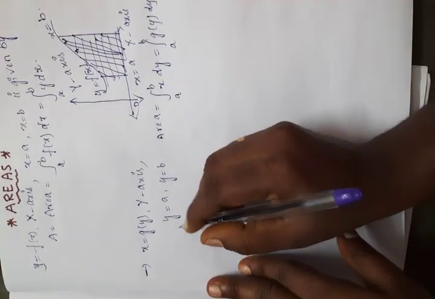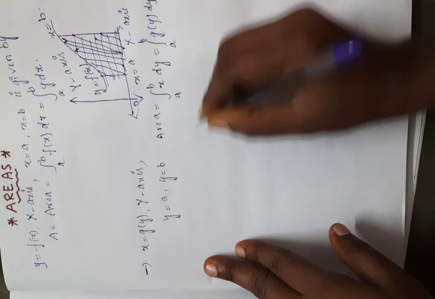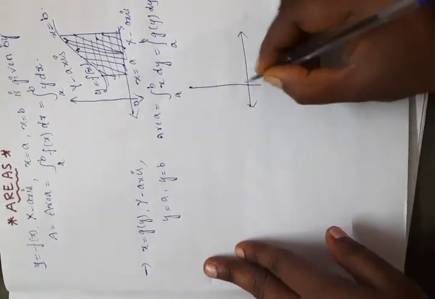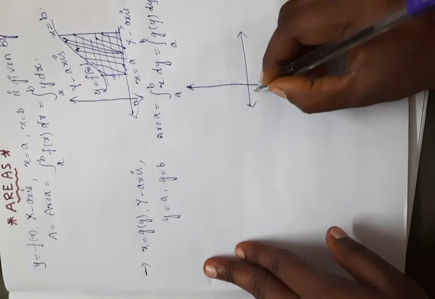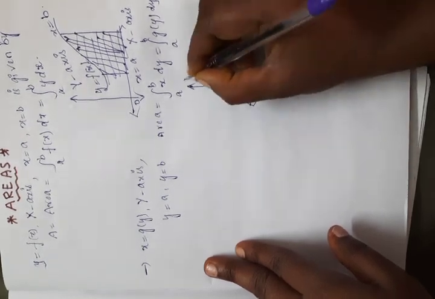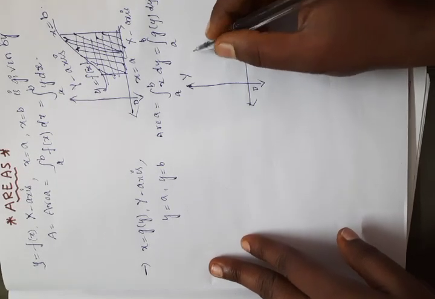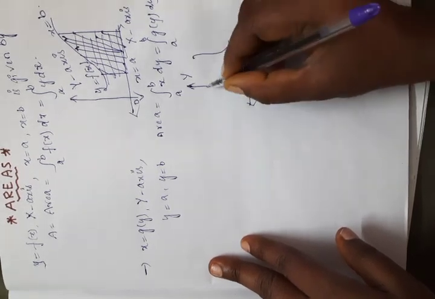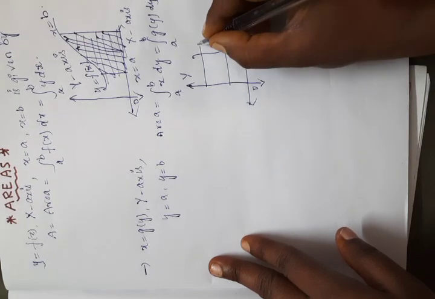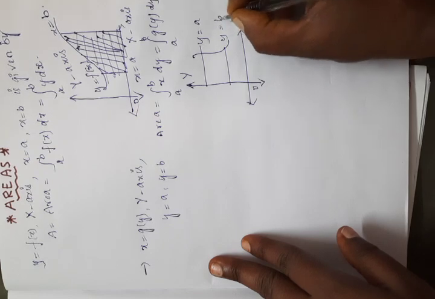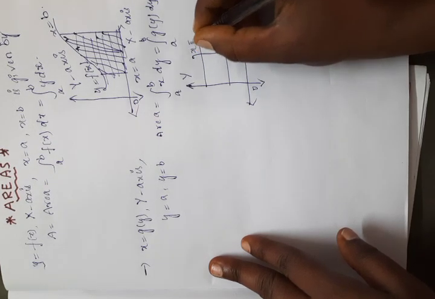Geometrically we can see the area here: this is x-axis, this is y-axis. So here the area is on the y-axis. Here we have y equal to a, y equal to b, and the curve is x equal to g of y.